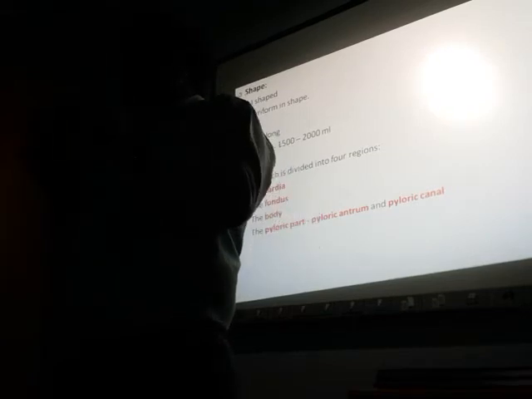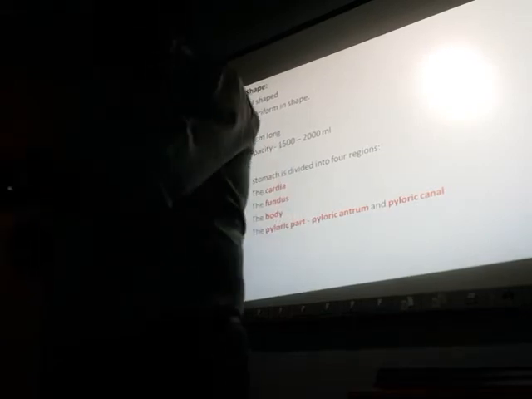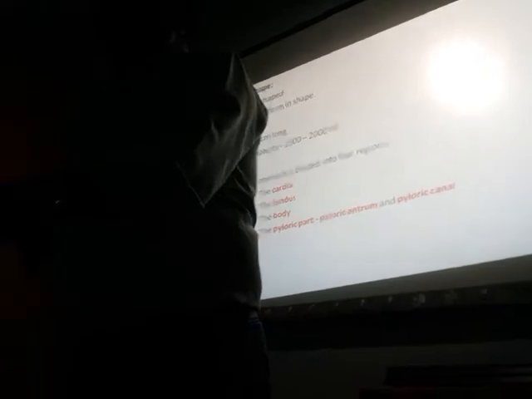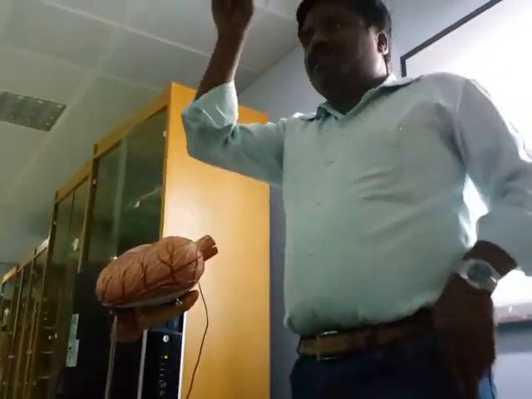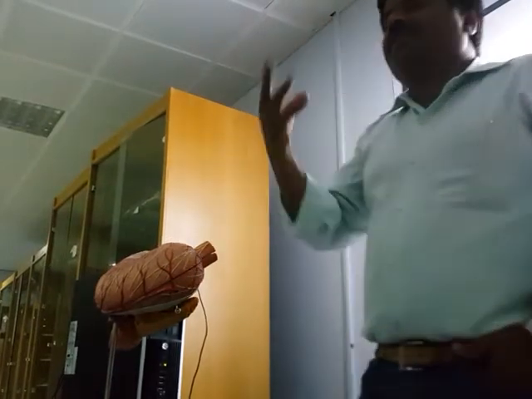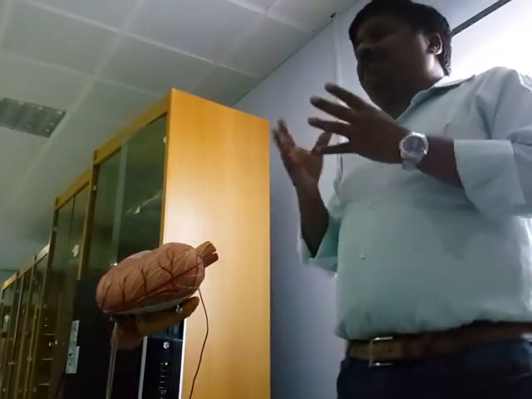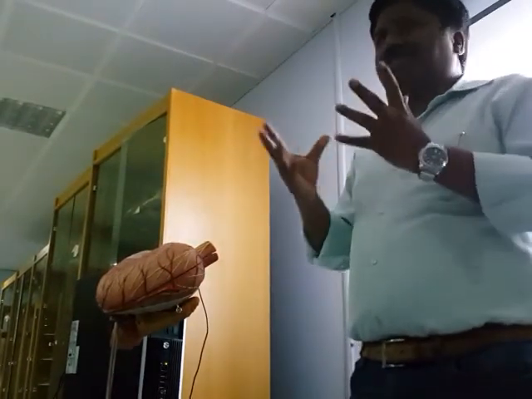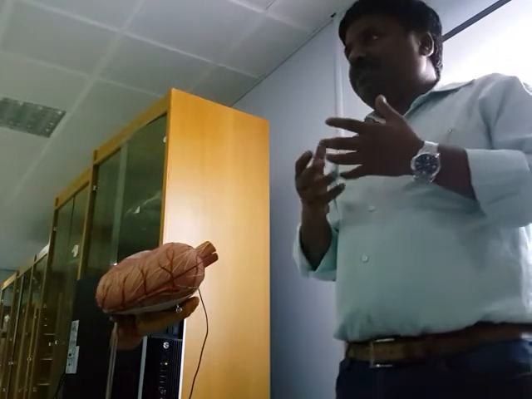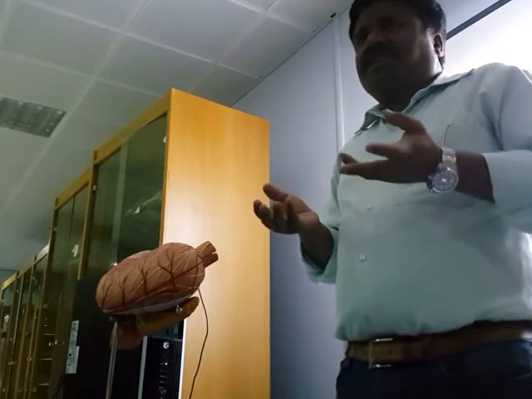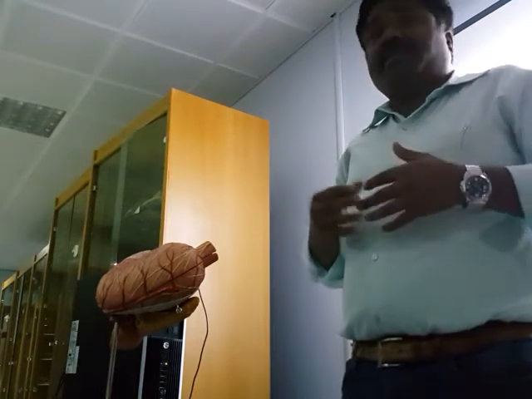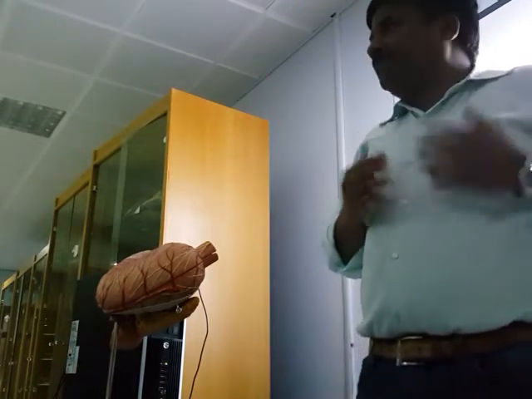So what is the shape of the stomach? If you look at this model of the stomach, it is almost a J shape, like the English letter J, or you can say pyriform shape. The shape is not actually constant. It changes whether it is empty or full, and depending upon the position of the person.